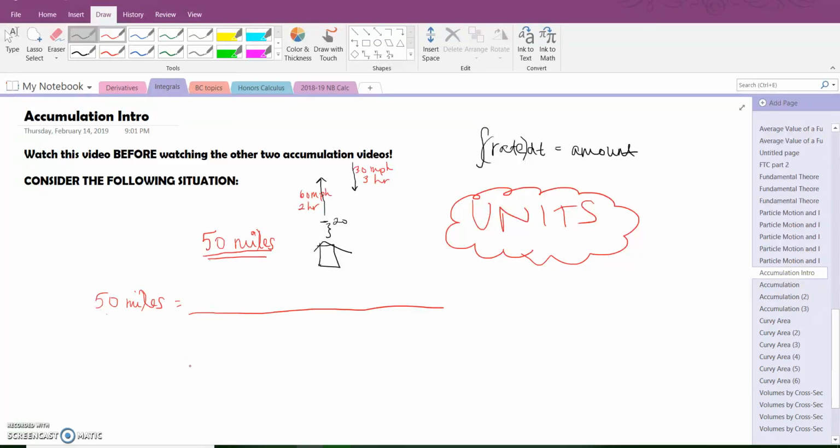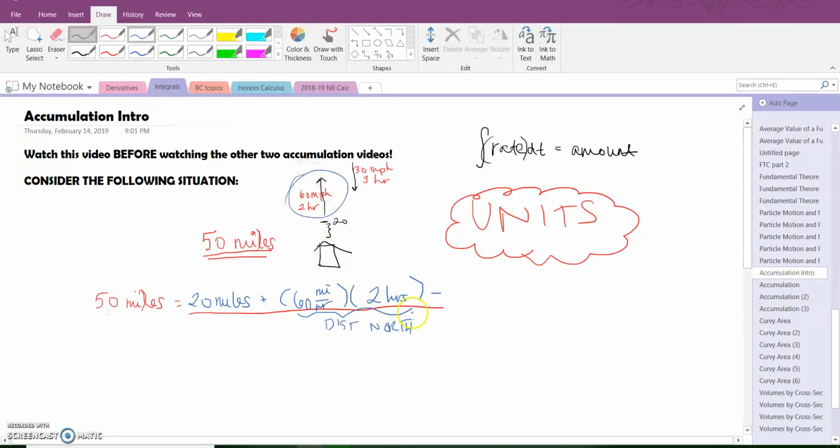All right, so you should be back, and what you should have come up with is that in order to come up with 50 miles, you should have taken your initial condition of 20 miles. Then you should have taken a rate, 60 miles an hour, multiplied it by 2 hours. And then, so 60 miles an hour for 2 hours gives you the distance north that you've traveled.